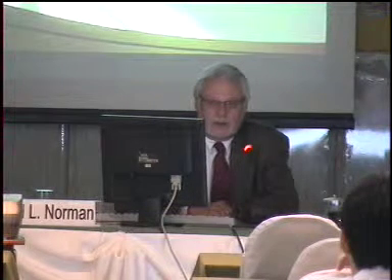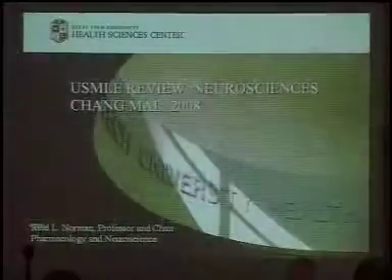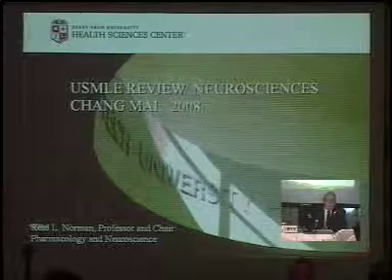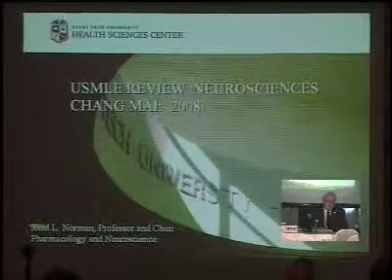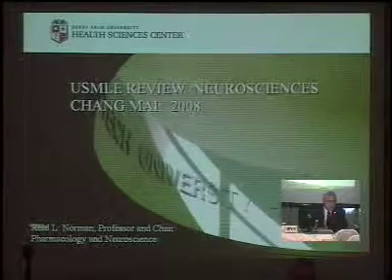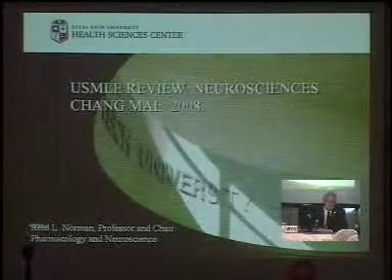So we're going to review some of the basic important things that are essential that you know for making a differential diagnosis and neurological problems. And one of the big things that in recent years has appeared on these tests is imaging. So we'll review some of the imaging as we go along as well. A lot of imaging, particularly in the brain stem, shows up vascular lesions.